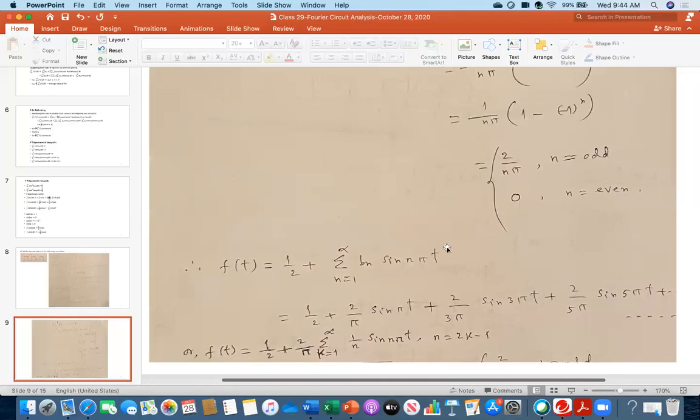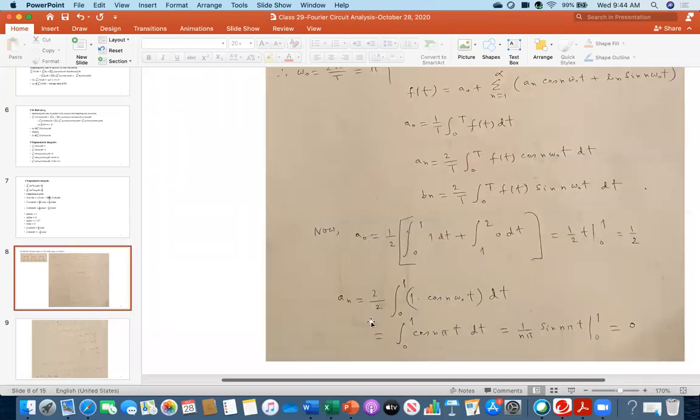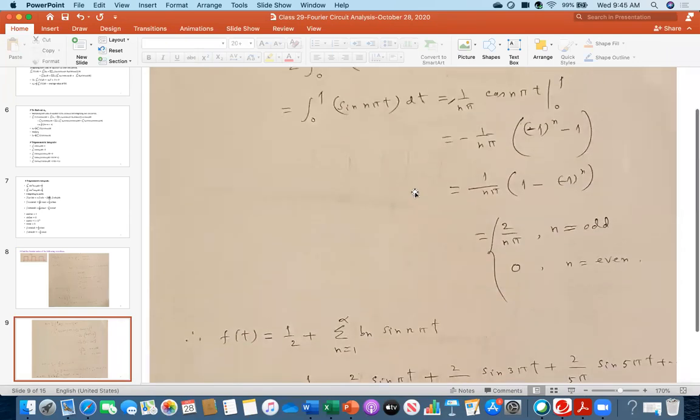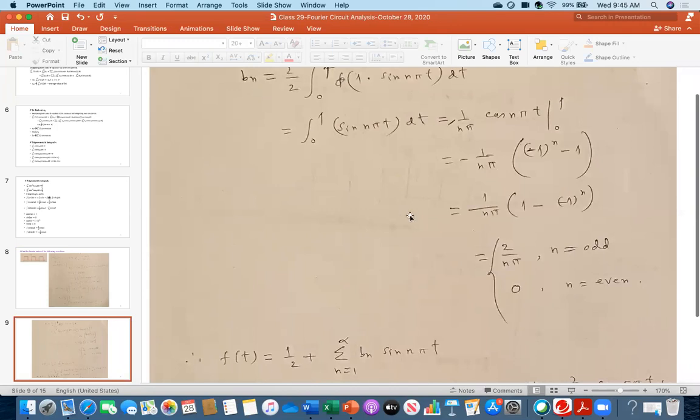So the first one is the generalized function of t, a naught plus an plus bn, that sine and cosine. But we got just a naught half, and an is 0. So that's why I'm not writing an, directly the bn only, bn sine n pi t. And then this half is this half, and then I plug in the bn value. Everybody look, bn, this 2 over n pi, that was the bn value when n is odd.